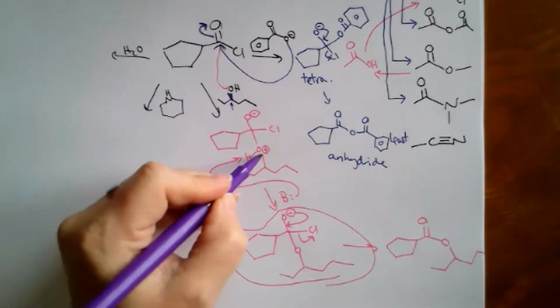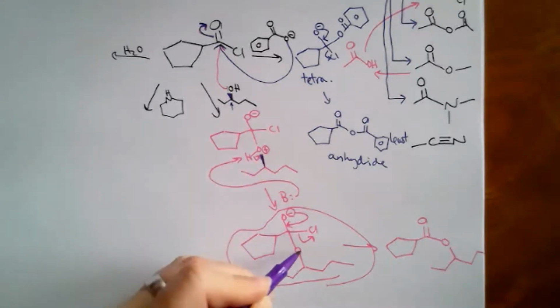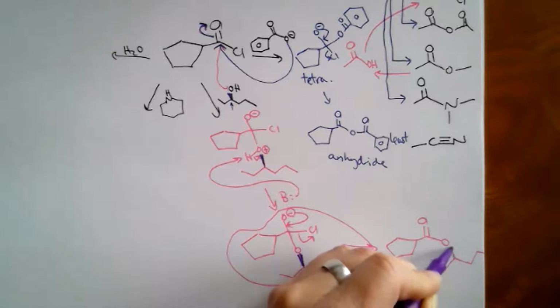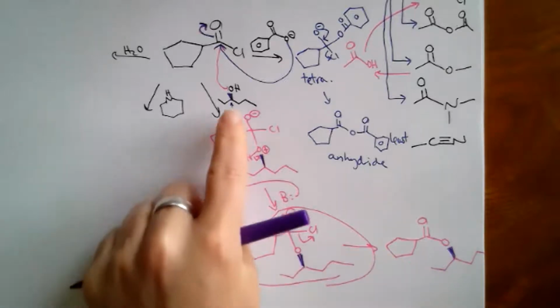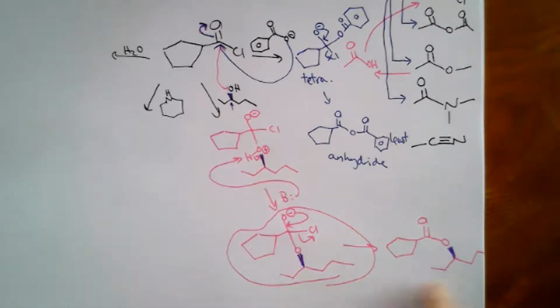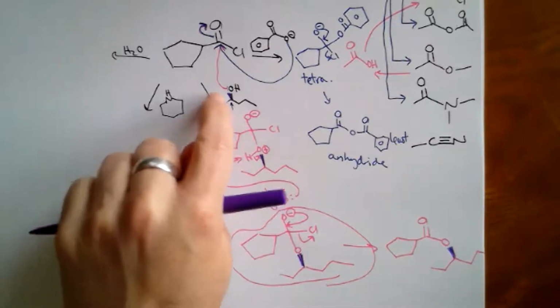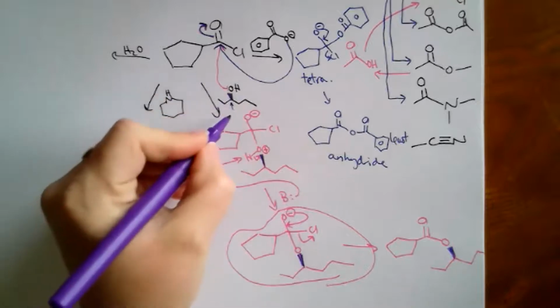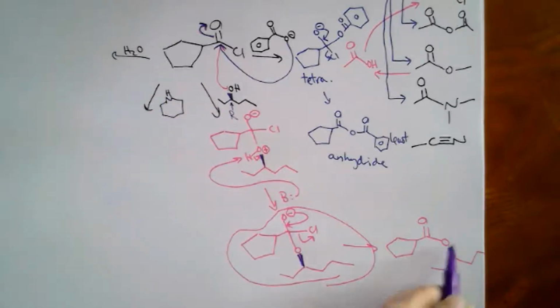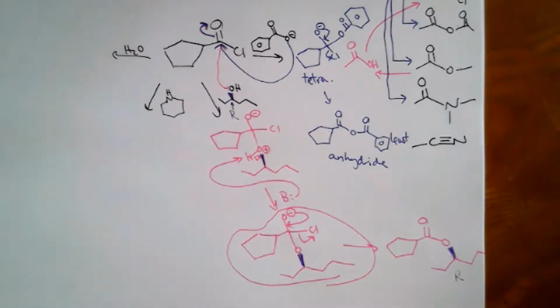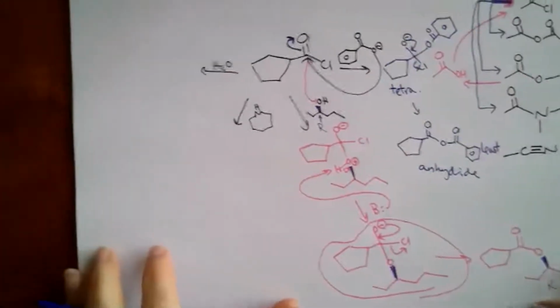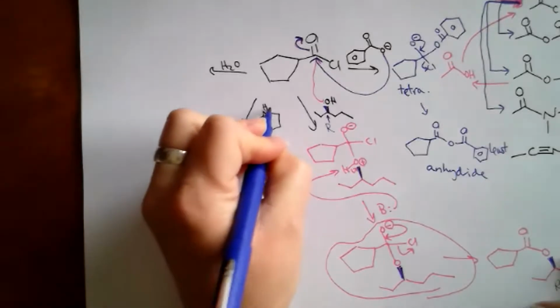Not a dang thing happened to that asymmetric carbon, so that alcohol stays exactly the same as it was before. And I was careful to draw it in the same orientation every time, so I can just keep my wedge. If you double check, this is R, so in the end it should still be R. Check, check. All right, next comes the amine.